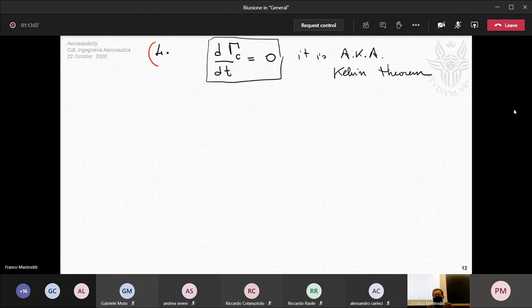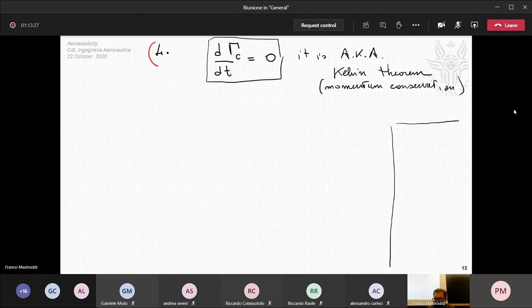Okay, and this Kelvin theorem is essentially something related with momentum conservation. So let me list here your first principles. We have the mass conservation, here described by the derivative of the density with respect to the time plus rho times the divergence of the velocity, equal to 0.